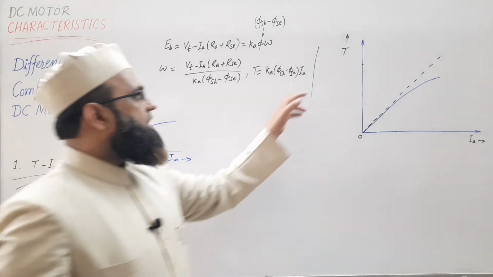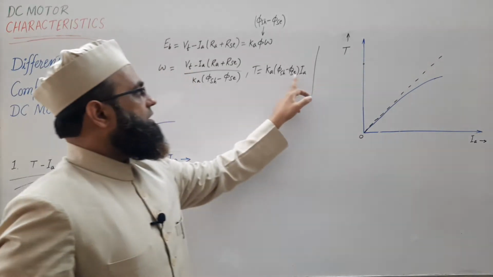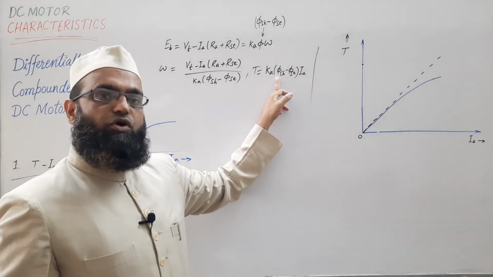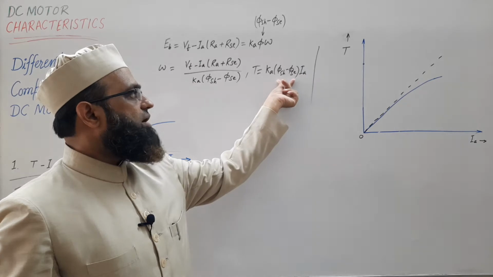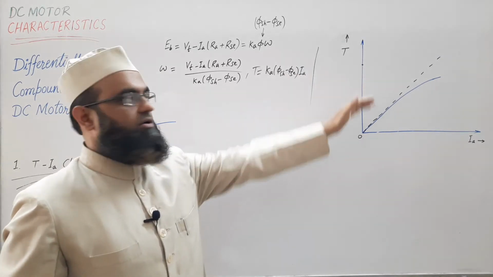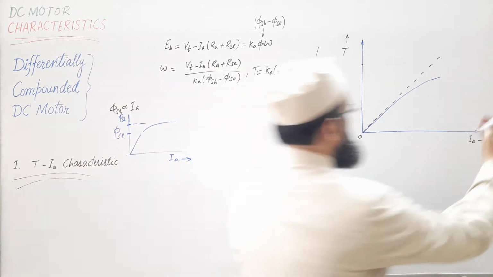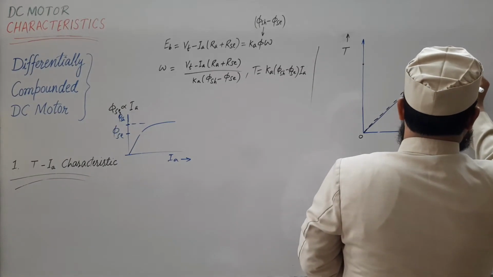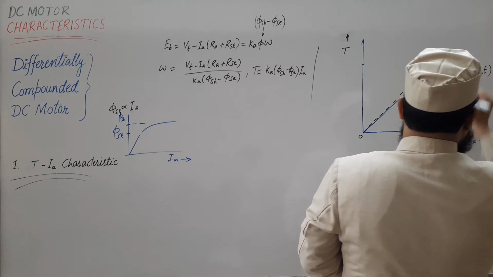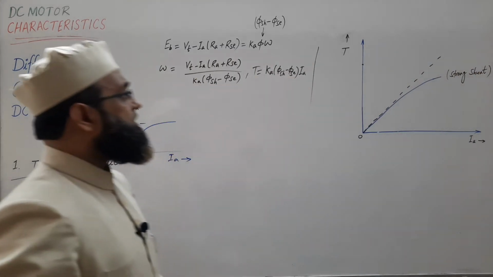So whatever the value of current will be there, this can't be more than this in case of a strong shunt. Hence this quantity will always be positive. So no need to worry. A strong shunt, we may write here, for a strong shunt.